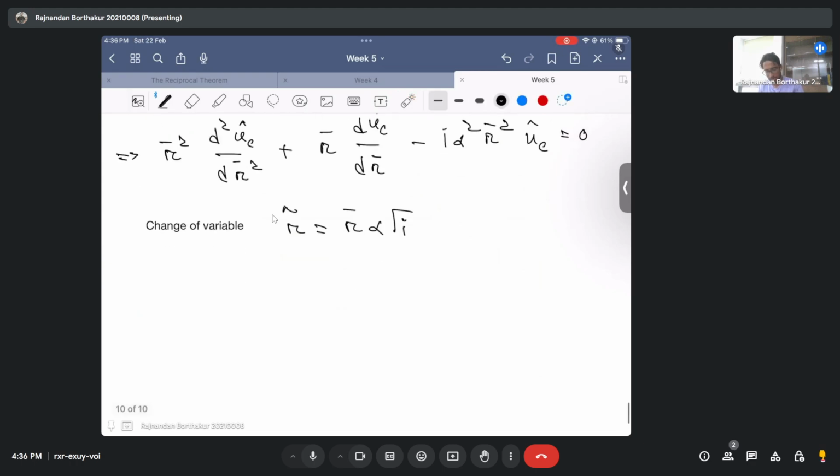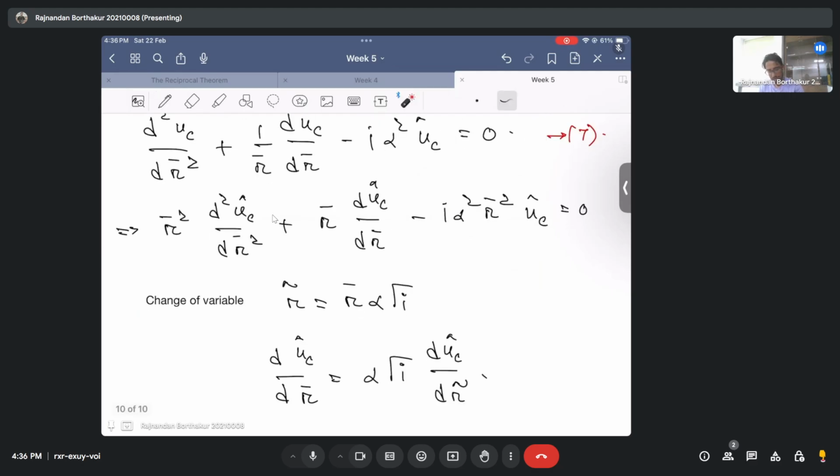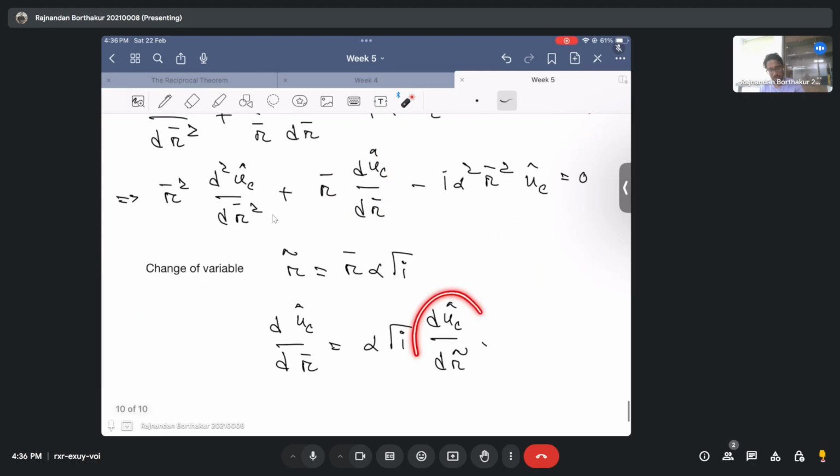Which means that my d2 UC hat by... first let's calculate the first derivative. dUC hat by dR bar would just be alpha times root over i dUC hat by dR tilde. It's just the change of variable that I am doing, just the math. So I have replaced dUC by dR bar in terms of dUC by dR tilde.